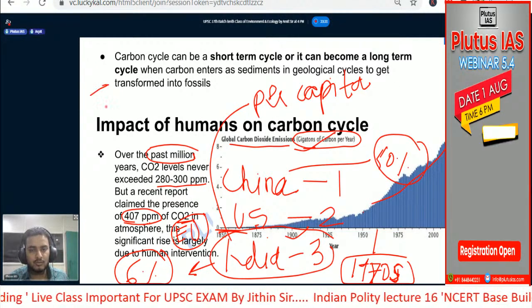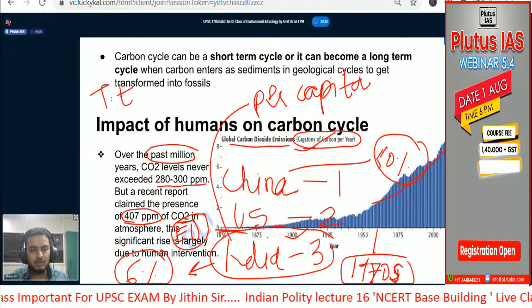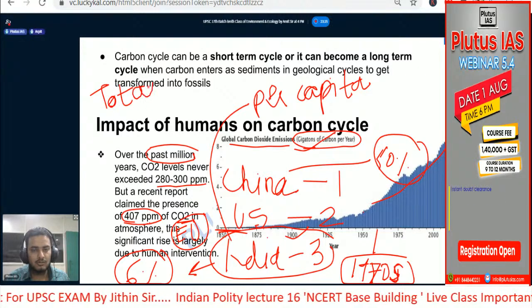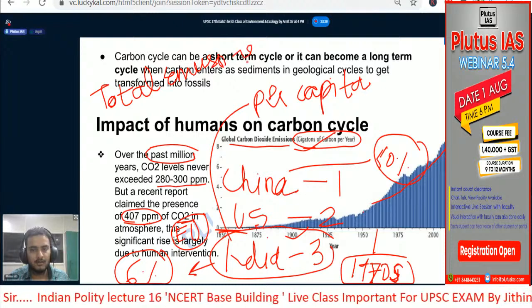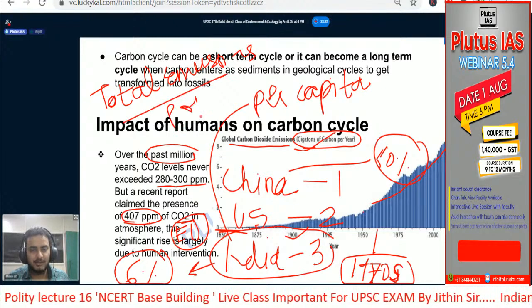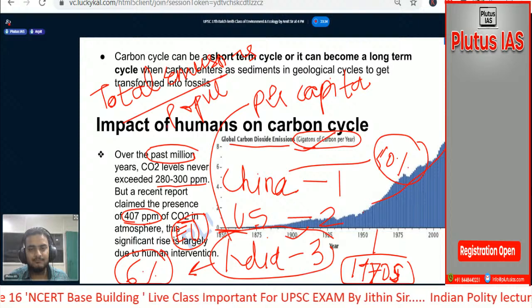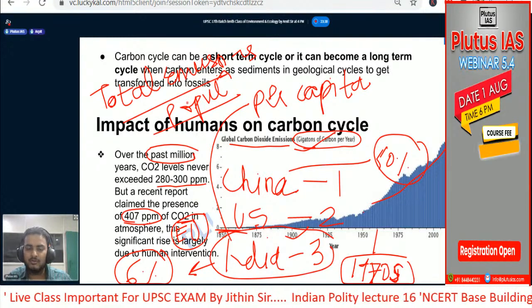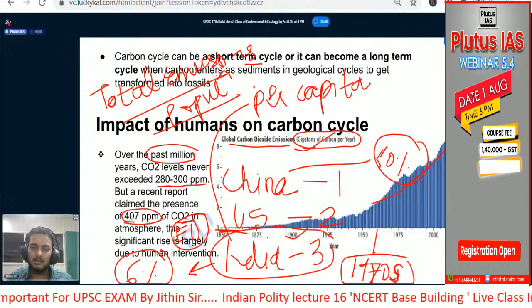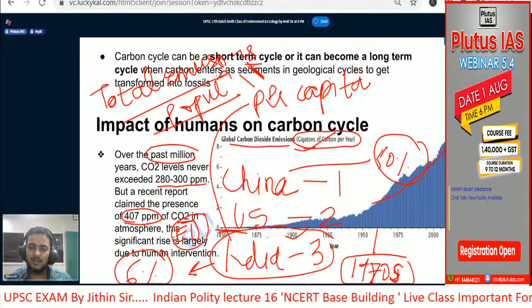You can say total emissions divided by population. And we are the second largest populated country, so this per capita emission is very low in India.